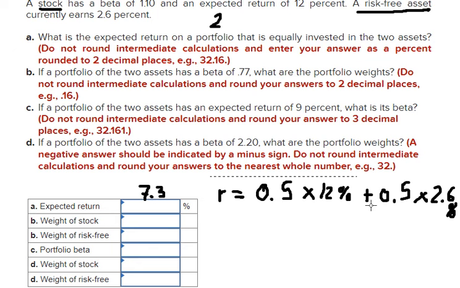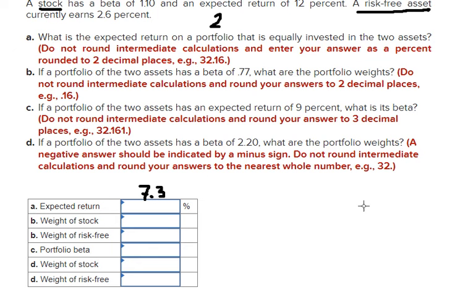Now let's go to the second one. If a portfolio of the two assets has beta 0.77, we have this beta here. We have the weight of the stock, W number 1, and the beta of number 1, which is 1.1.